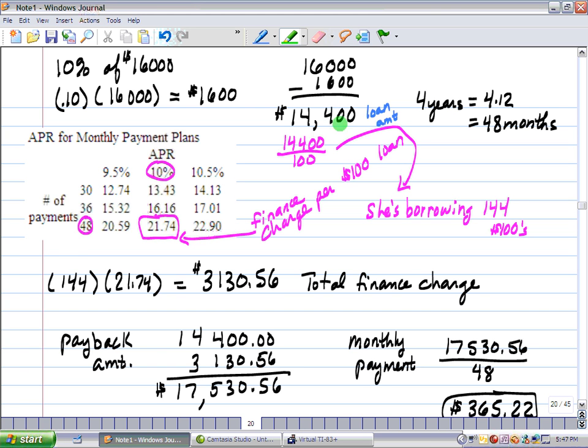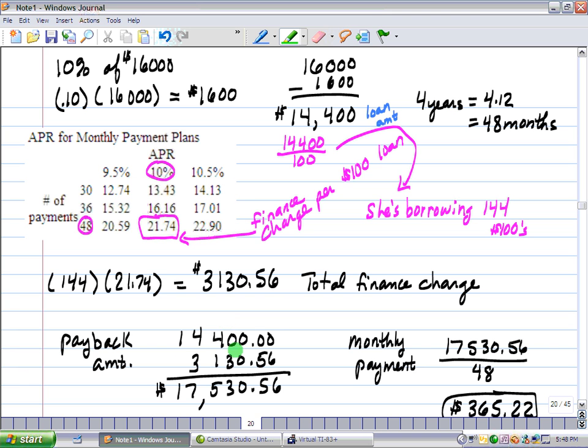We take her loan amount and divide it by 100 to figure out how many $100 packages she's borrowing, 144 of them. So for each of those, she has to pay $21.74. So altogether, her finance charge is going to be $3,130.56.